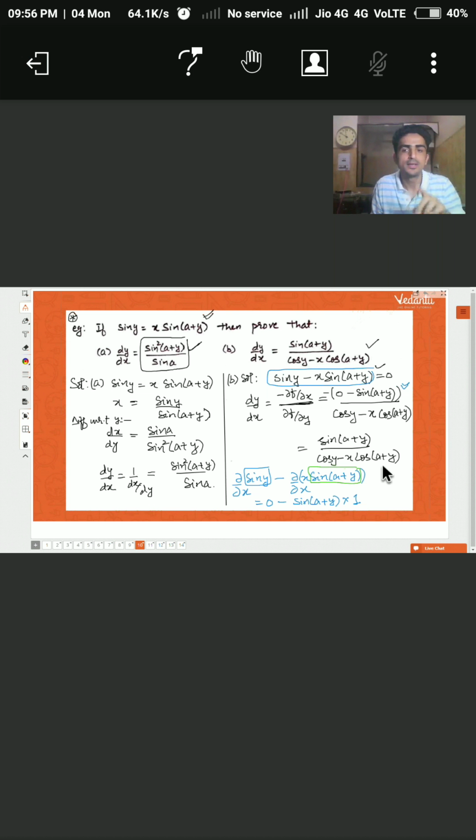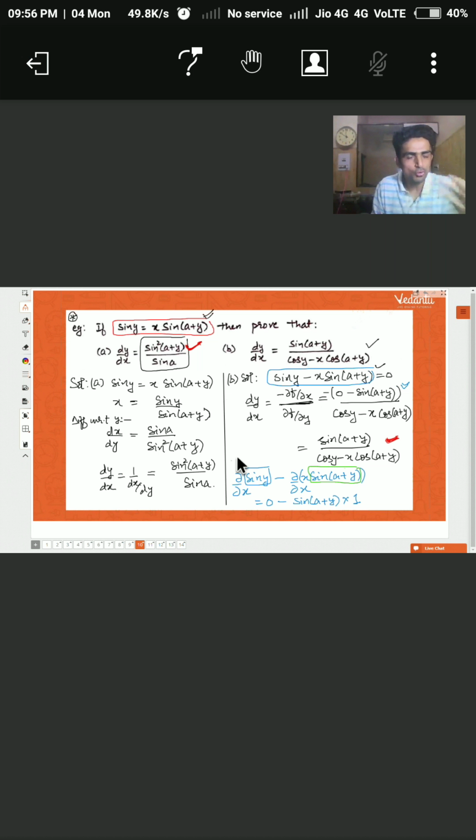Now the second thing. Whenever you differentiate, this is the right answer first of all. But if you require some other form, then you have to use the given equation here to get this thing.